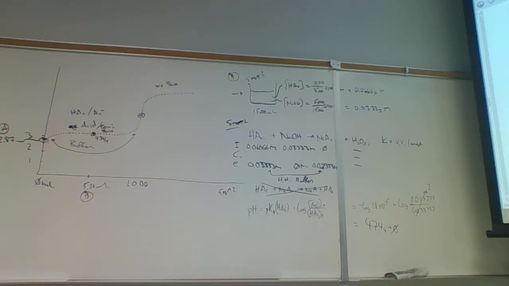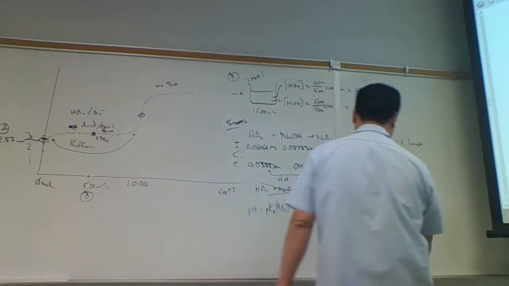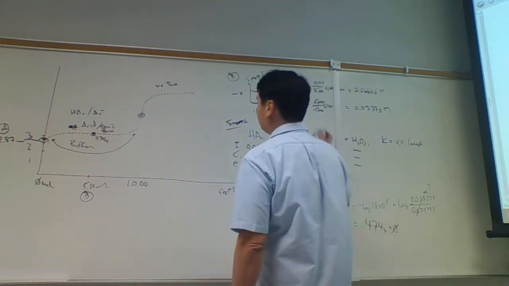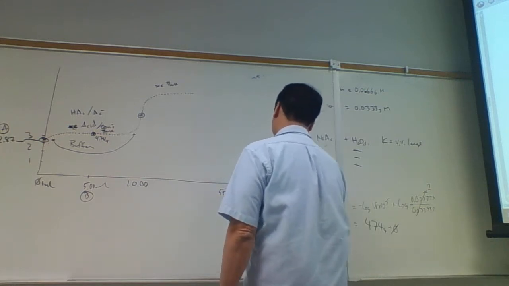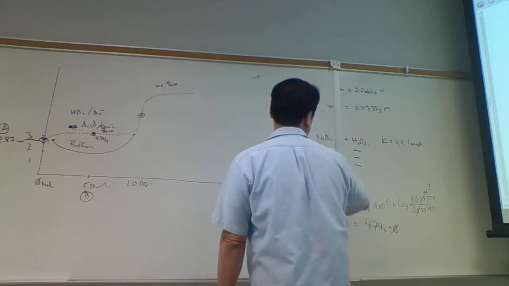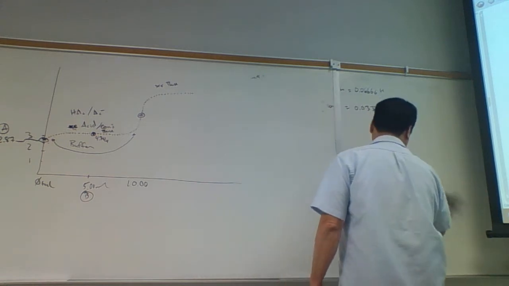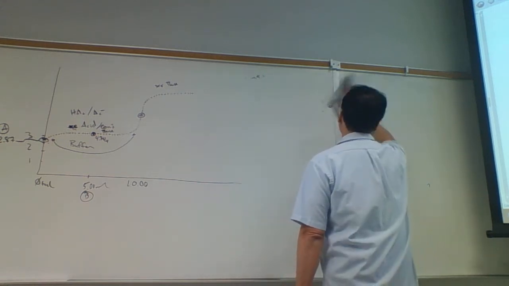So we could do any amount of sodium hydroxide in the buffer region and then calculate it. But there's something called the buffer range. Do you recall what the buffer range is?